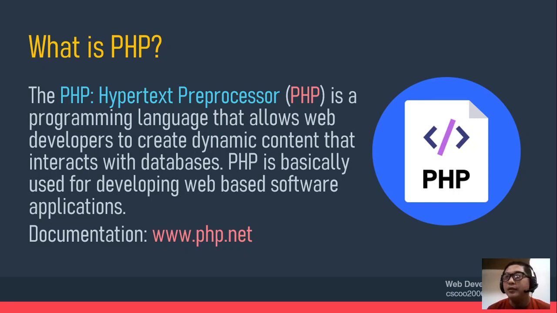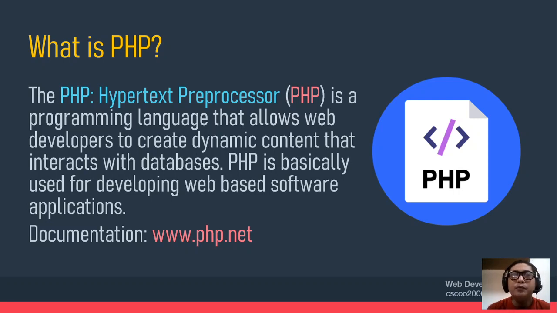It's a programming language that allows web developers to create dynamic content that allows users to interact with different applications like databases and services. It is basically used for developing web-based software applications. During that time, PHP was merely used for developing websites rather than applications.